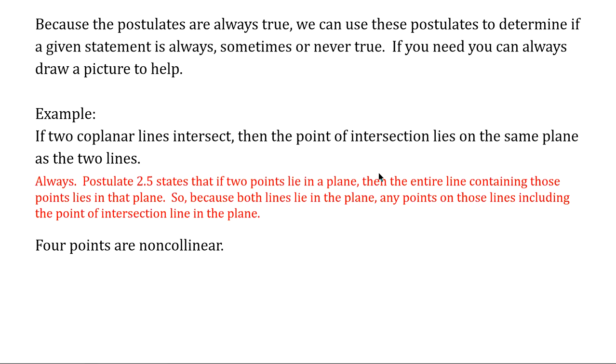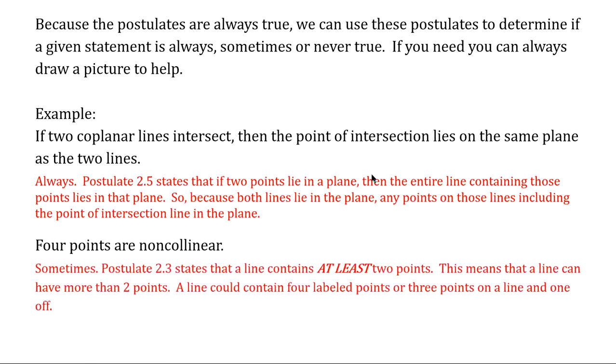The second example is: 4 points are non-collinear. Is this sometimes true, always true, or never true? When we think of it, we've been told we only need 2 points to create a line. So we're definitely looking at postulate 2.3, more than 2.1, because we're told that there are 4 points and we need at least 2 points to create the line.